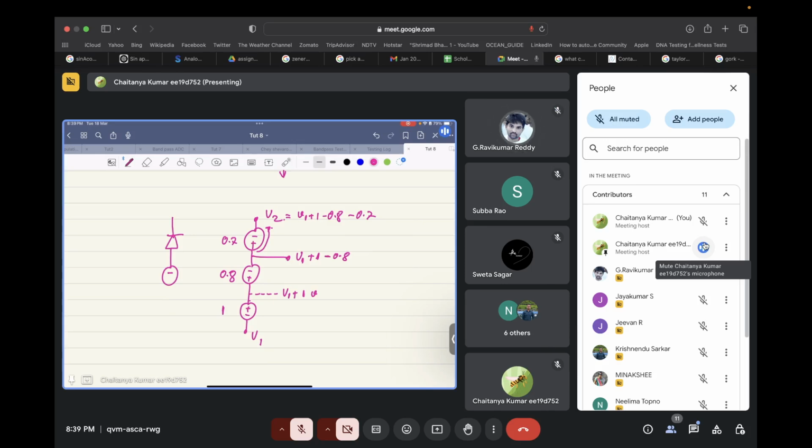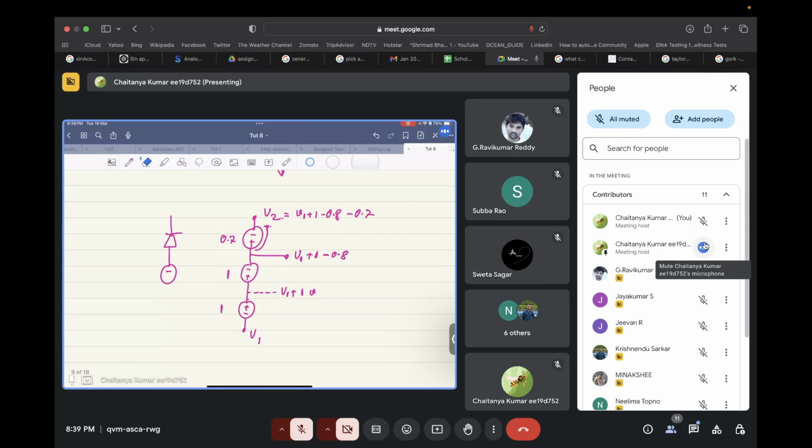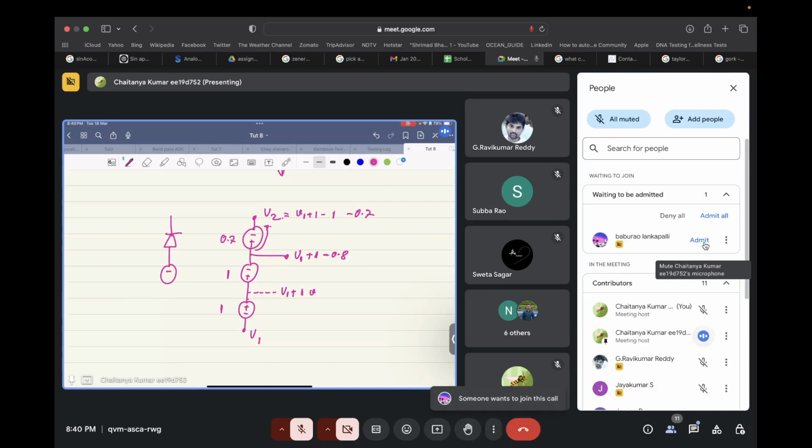Yes. Okay. Now let's say I increase this voltage to 1 volt. So what will happen? This minus 0.8 will become minus 1. Clear? Do you follow?